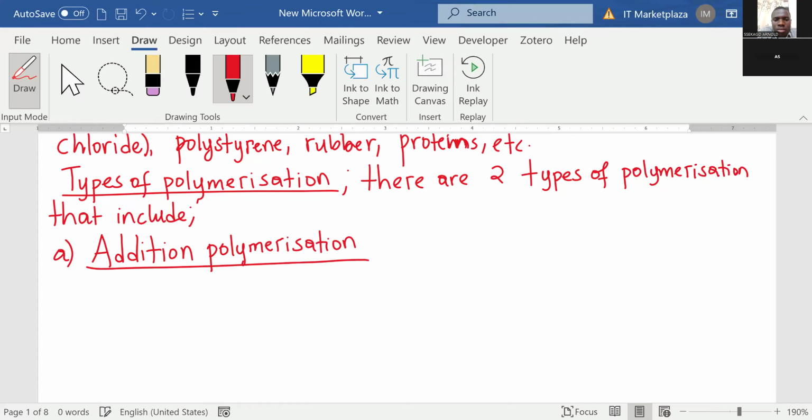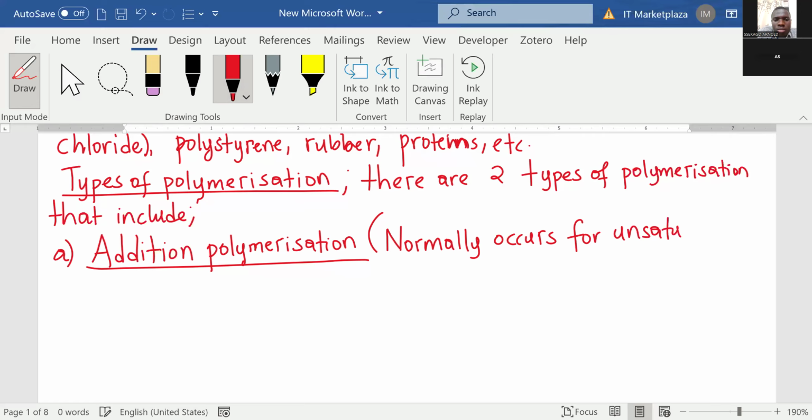So addition polymerization is the usual polymerization that occurs normally for unsaturated compounds.